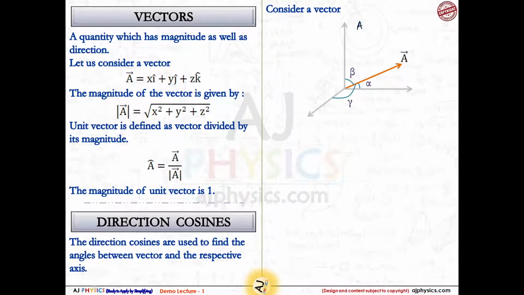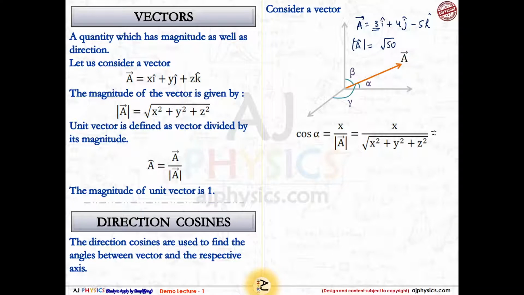Alright. So we already consider this vector and this had its magnitude as root 50. Now, how to find the direction cosines? The direction cosines will be this x portion divided by the magnitude. So this will be 3 by root 50. The y portion, the angle with the y axis, will be the y portion divided by root 50.